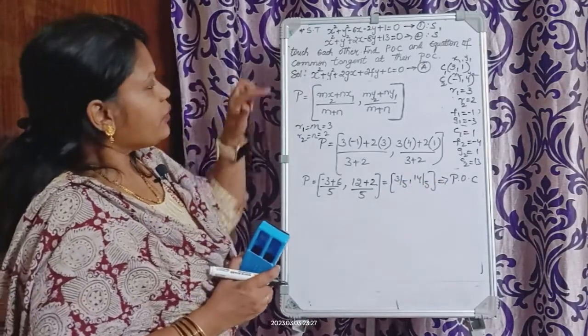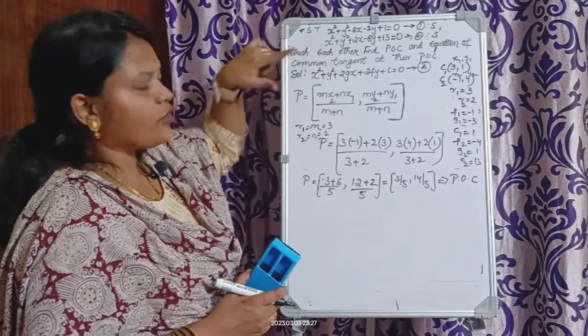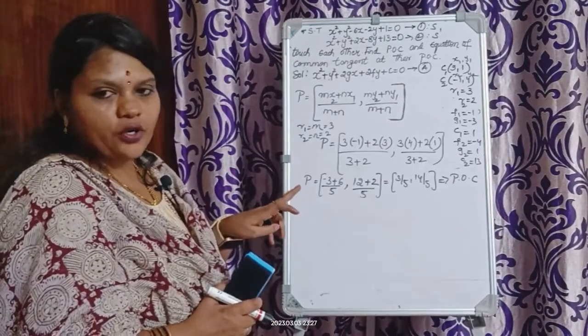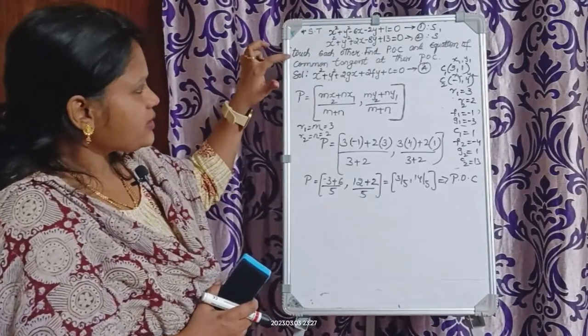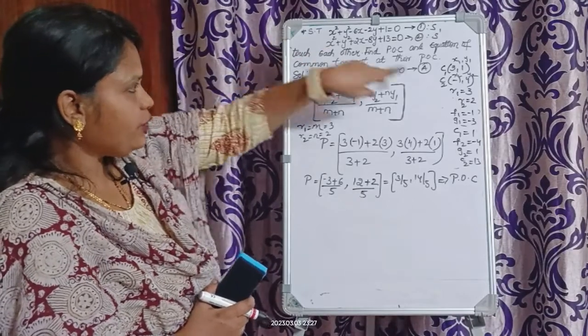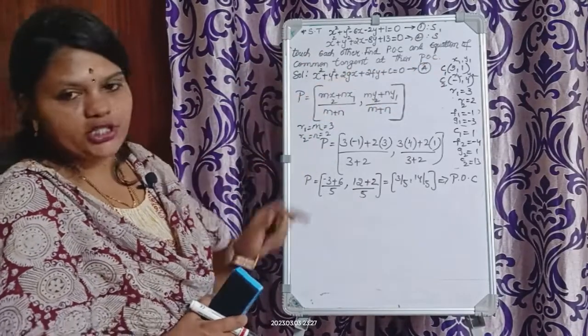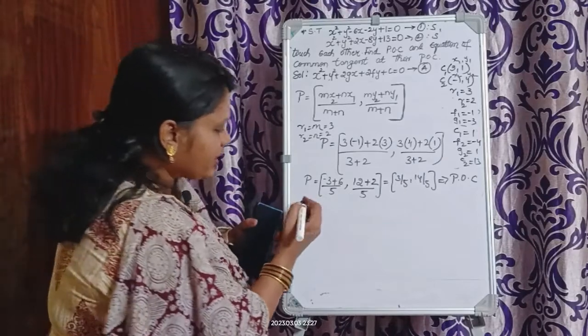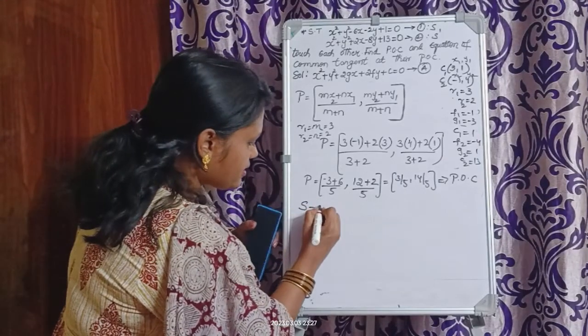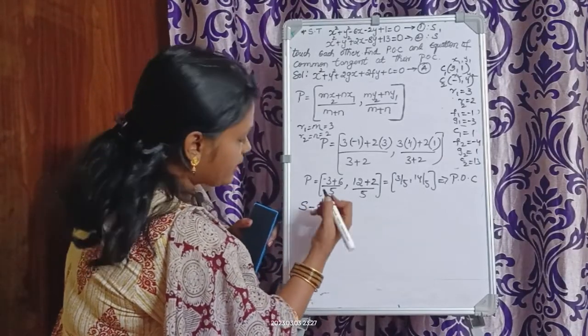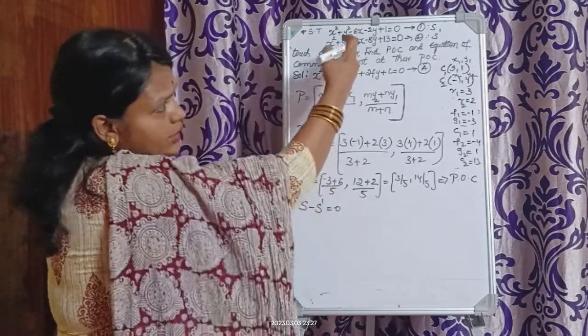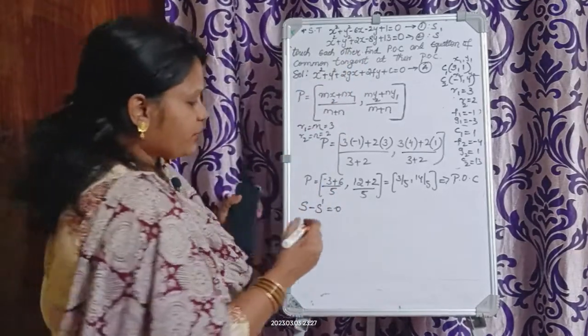And one more thing they asked is the equation of common tangent at the point of contact, right? Now you need to find the equation of common tangent at the point of contact. For that it is just S minus S dash is equal to 0, or simply you have to subtract equations 1 and 2.